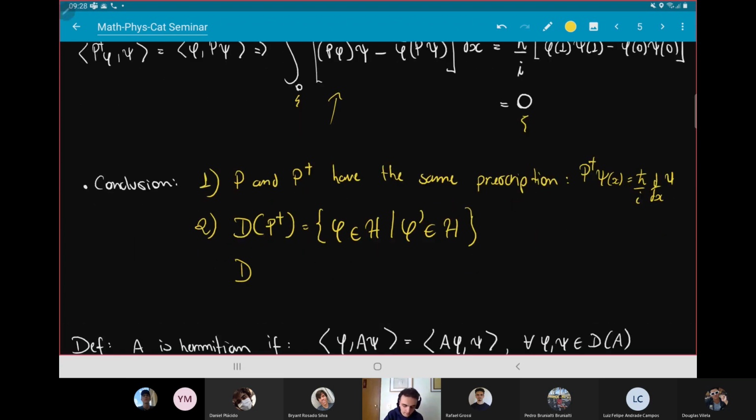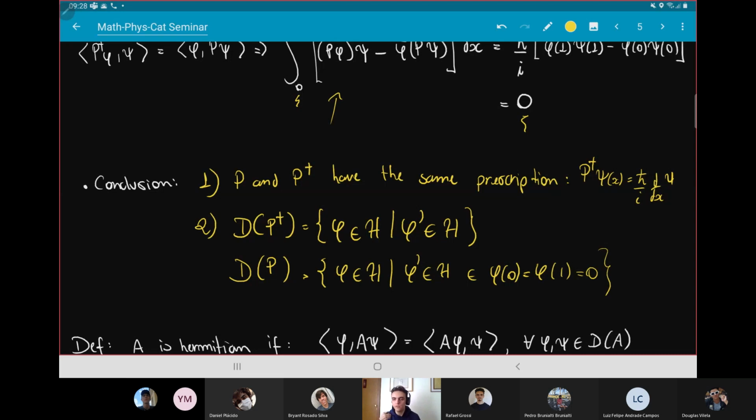Just for clarity, for the other one we wanted functions that live in the Hilbert space such that the derivative lives in the Hilbert space and the function vanishes at these values. So you can see that the domain for the momentum operator is a lot more restricted than the domain for the adjoint operator. So they are not the same domain.